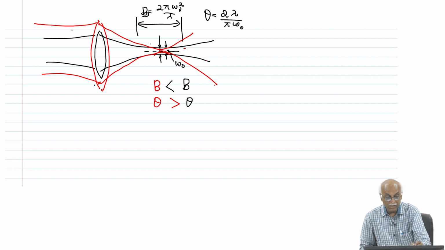The confocal parameter indirectly gives us the depth of focus.